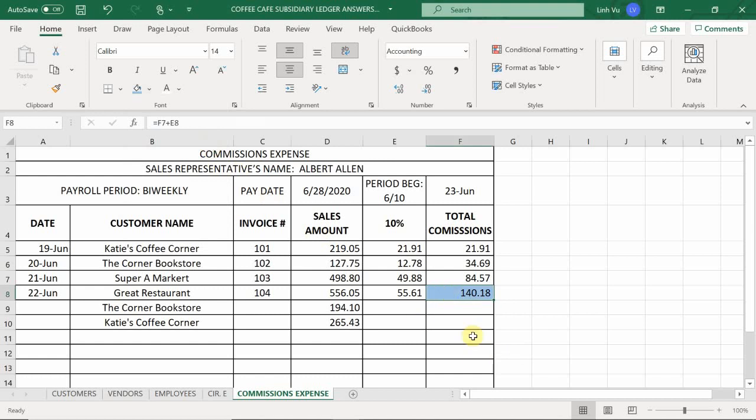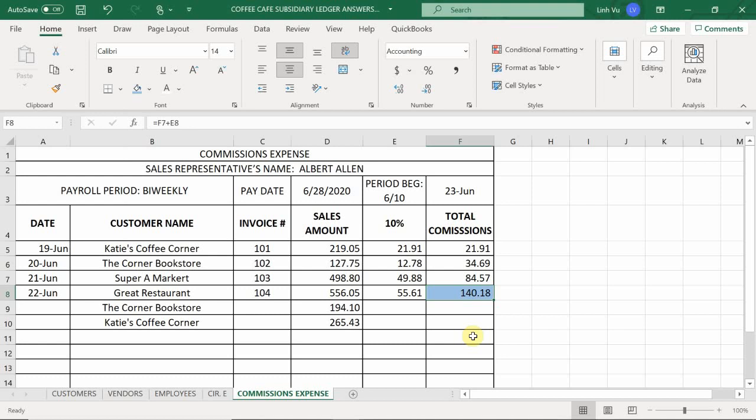Okay. So he still has 2 pending sales that he hasn't completed yet. So we can only record up to this amount right here, which he claimed his last sales on the 22nd. So any date after that's going to be a brand new payroll period or a brand new paycheck.